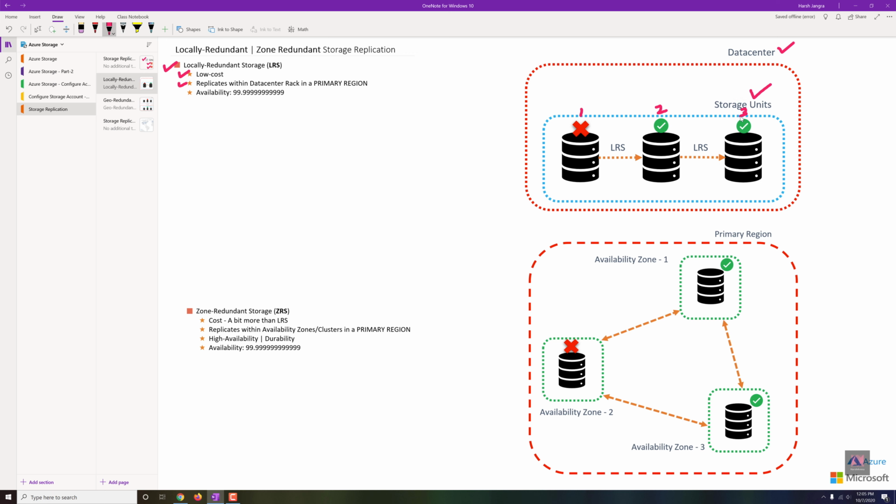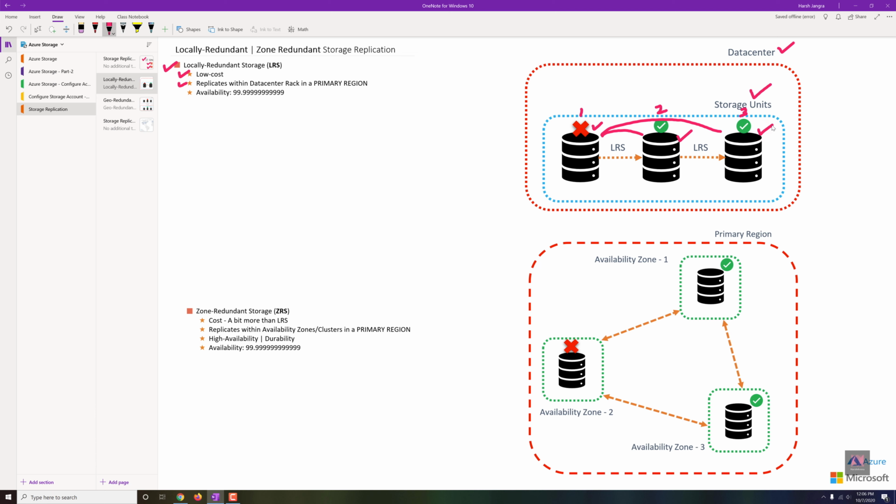So basically, if we choose LRS and we store data on storage unit number 1, it automatically copies that same data to the storage units on rack server 2 and rack server 3. So what does it mean? If one of your rack servers is updating, I'm talking about the fault domain and update domain concept, or your server is rebooting or in a shutdown state due to a maintenance period, then automatically you are able to access your data from another rack server which is available in the same data center.